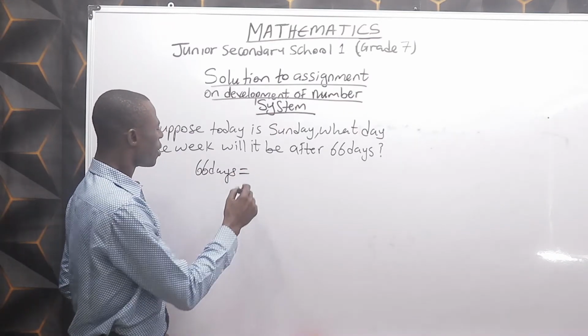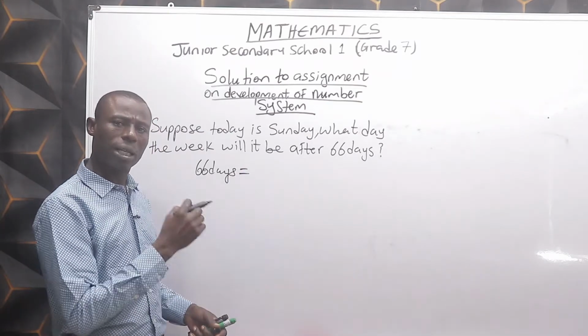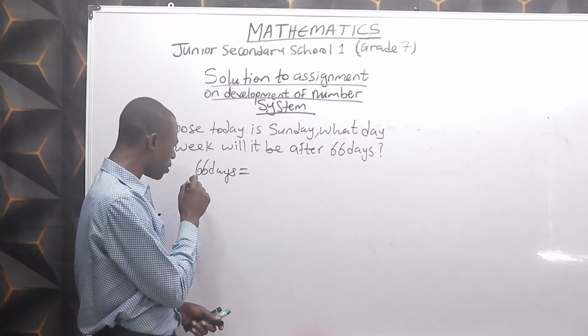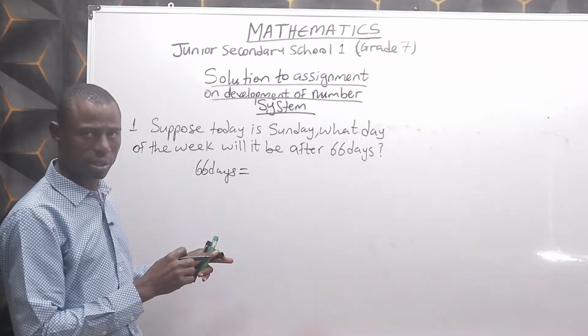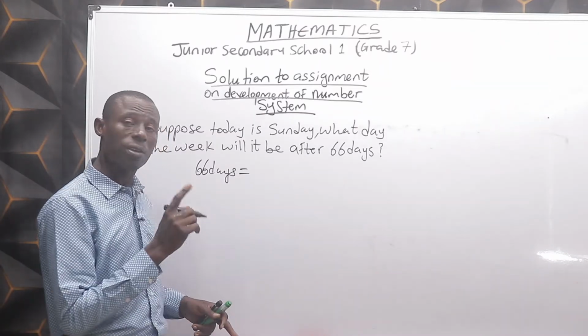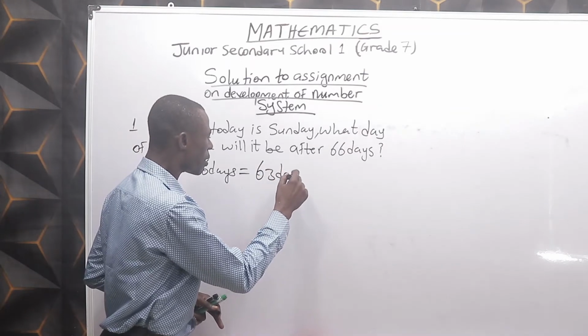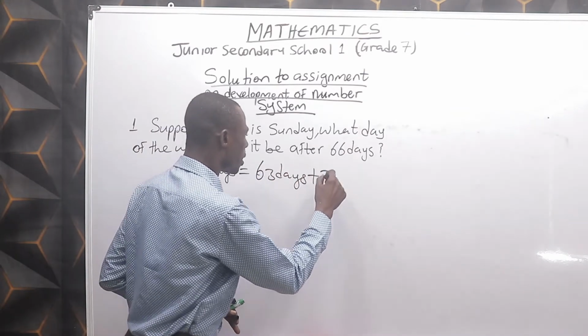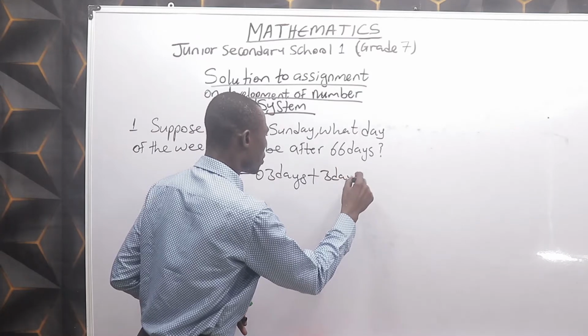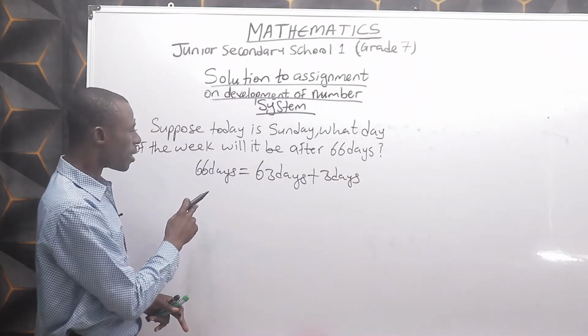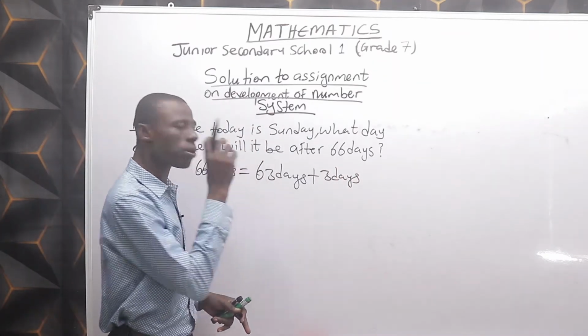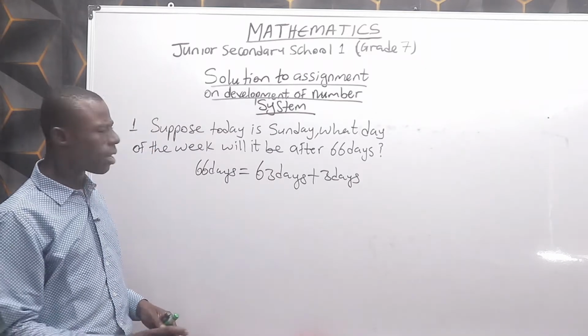Try to find out the multiples of 7 that we can have in 66. The multiple of 7 in 66 is 63. So 66 days is 63 days plus 3 days.